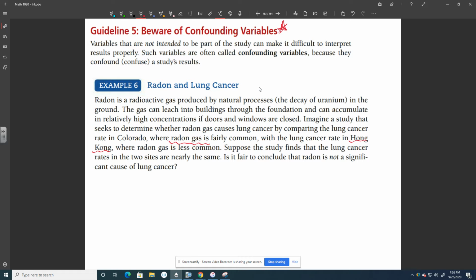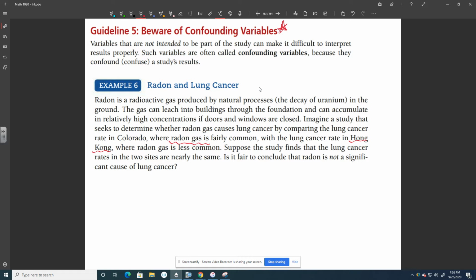People are also spread out a lot more. And in Hong Kong, you have a whole bunch of people covering a small part of land, right? Well, if this study says that lung cancer in the two cities is the same, therefore, because there's a lot more gas in Colorado, but the lung cancer is the same in the two cities, it's not significant.